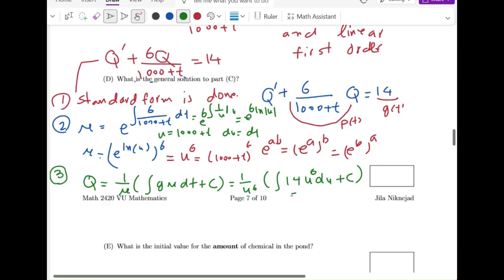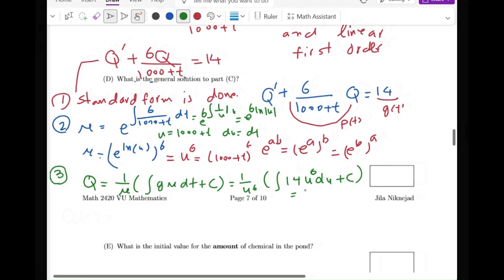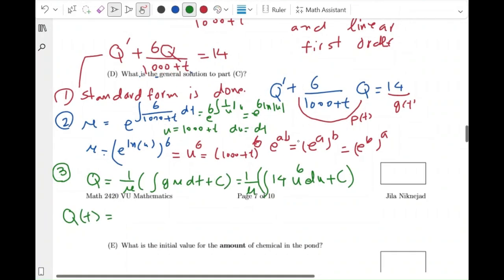And the answer to this is going to be 1 over u to power 6, which is mu, and the integral is going to be 14 u to power 7 divided by 7 plus c.